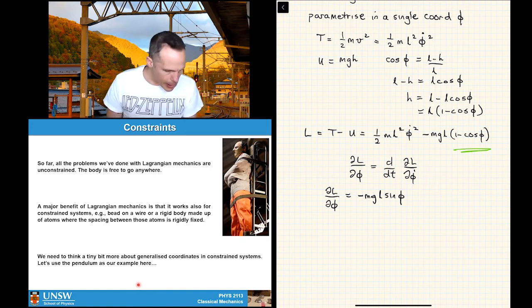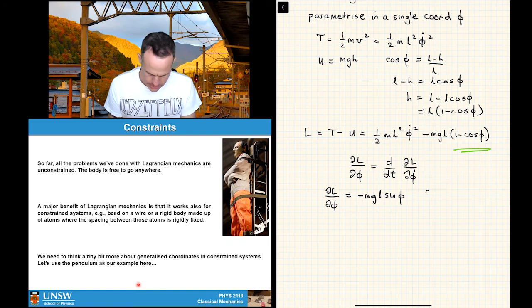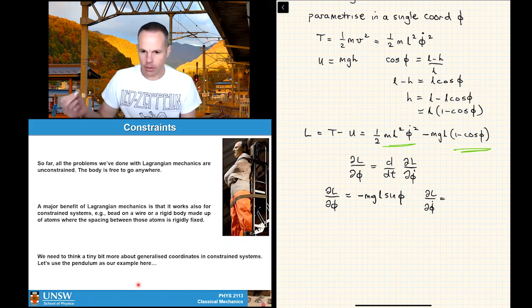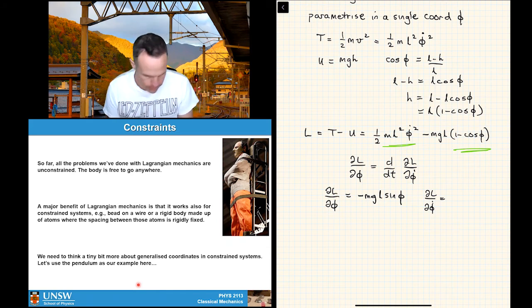And of course, the front end of that term drops out because it's got no terms in phi. And then we need to get dL on d phi dot. And it's easy. It's up in this kinetic energy term. Same again, the square drops down and knocks out the half. So this thing ends up equaling mL squared phi dot in this particular case. Okay.